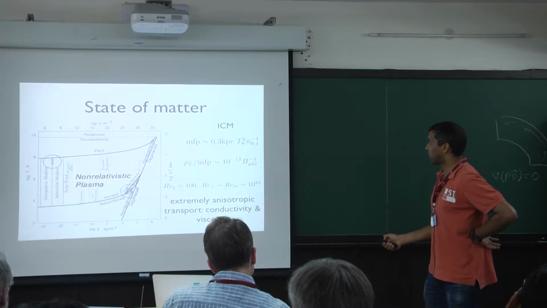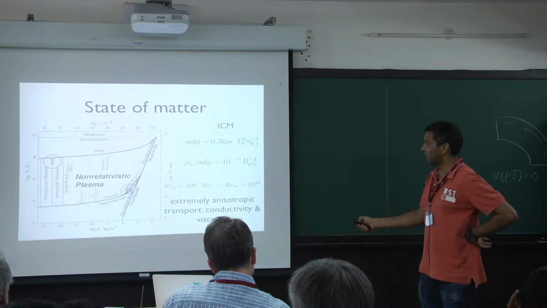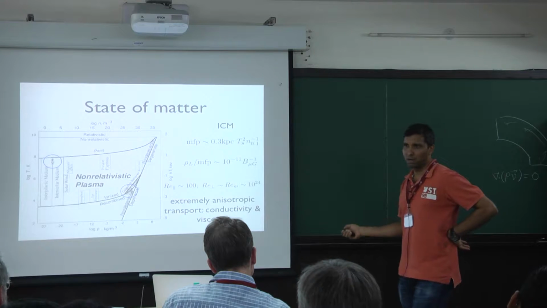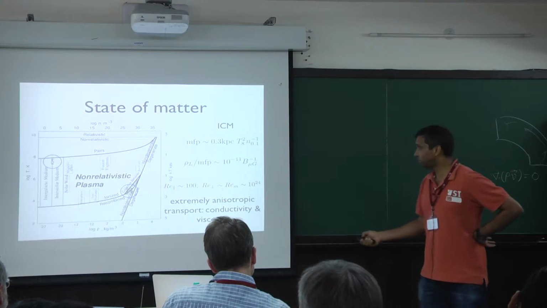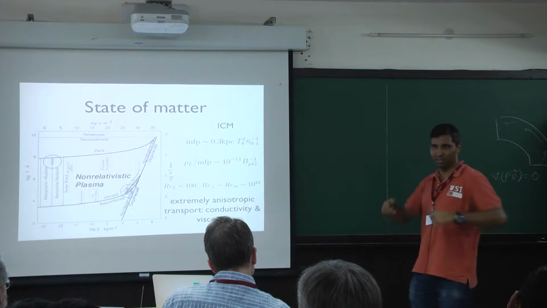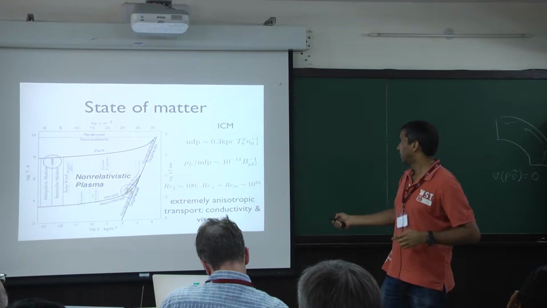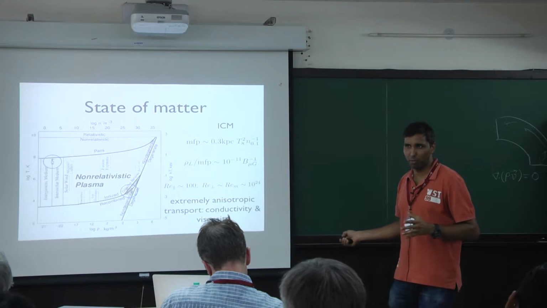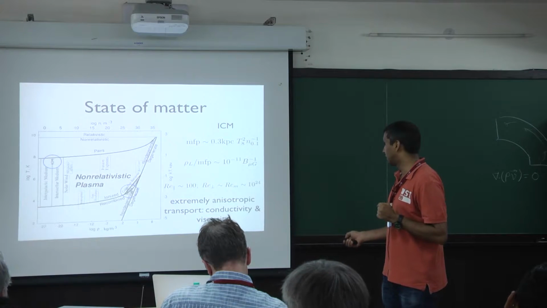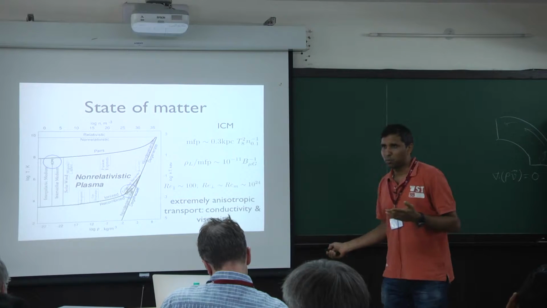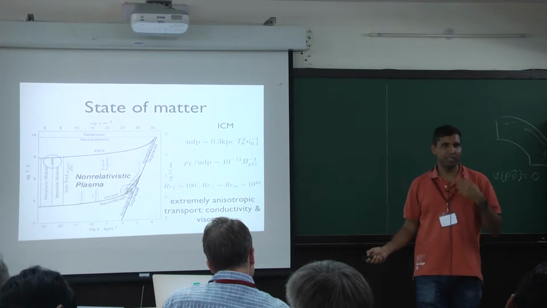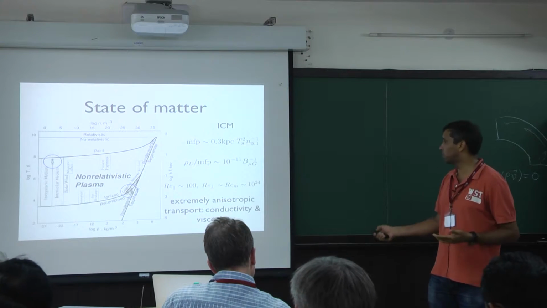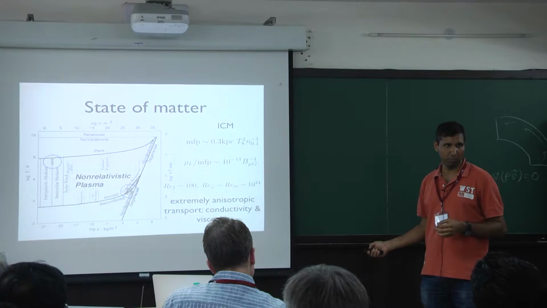If you use the parallel mean free path, the Reynolds number is about 100, which is very viscous. But if you use the perpendicular diffusion length, the Reynolds number is extremely huge. So this medium is extremely anisotropic because it's magnetized, and all transport properties like conductivity, viscosity, and particle transport are expected to be very anisotropic.